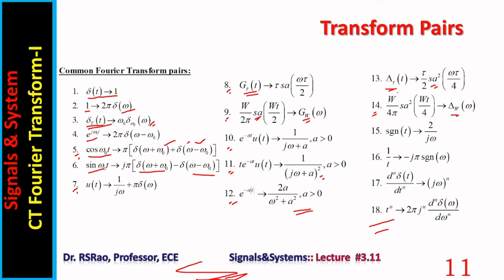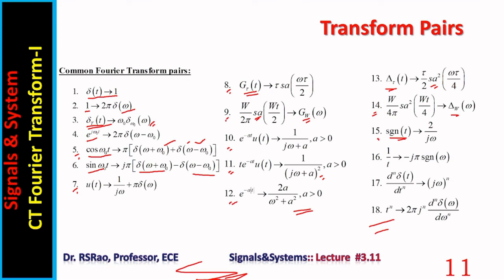So triangular function gives sampling function square in frequency domain Fourier transform, whereas sampling square time domain signal gives triangular function in frequency domain.